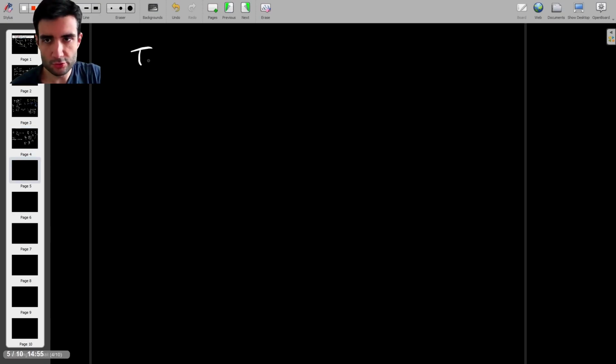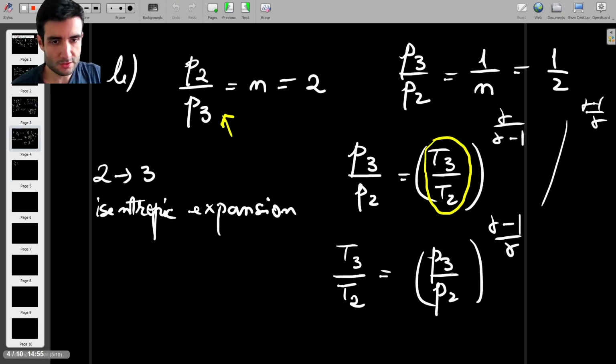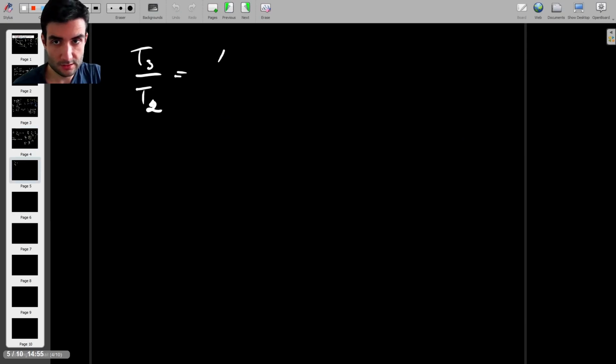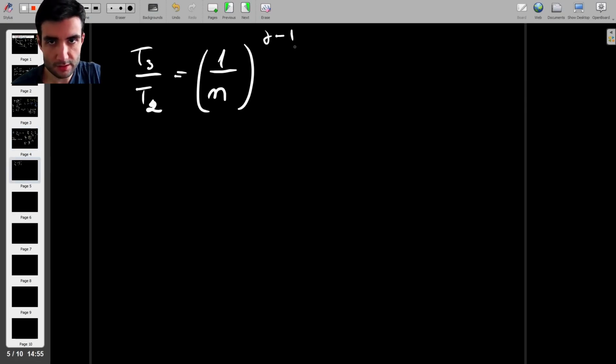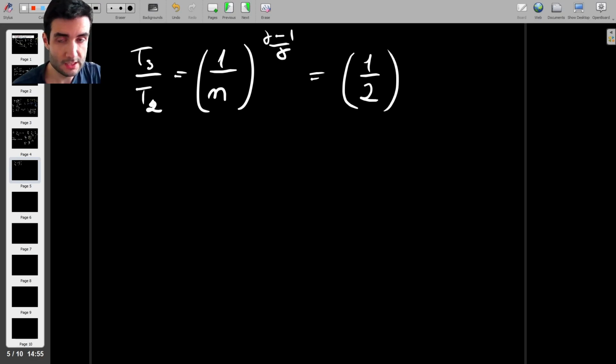So T3 over T2 equals, so P3 over P2, we said earlier it's 1 over n, 1 over n to the power gamma minus 1 over gamma. So gamma minus 1 over gamma, and we can put the numbers in. So this is again 1/2 to the power 0.4 over 1.4.